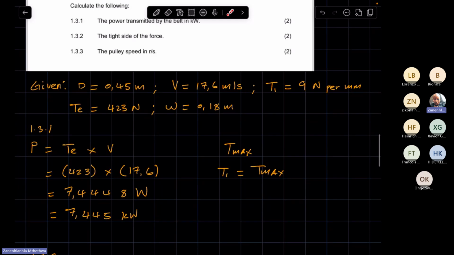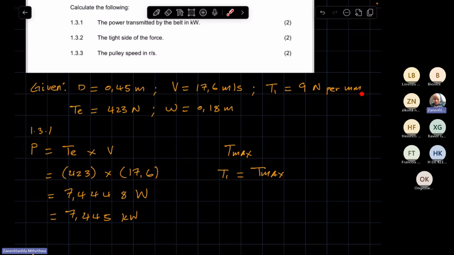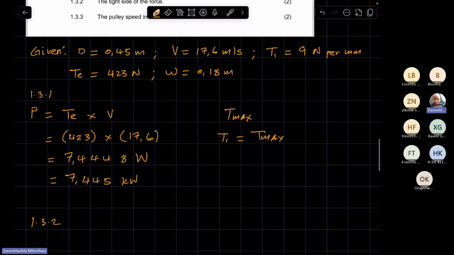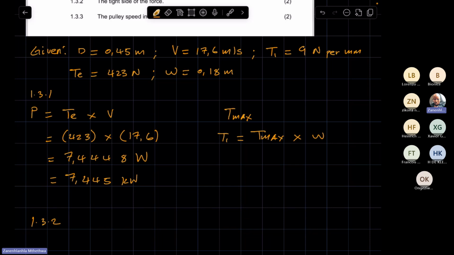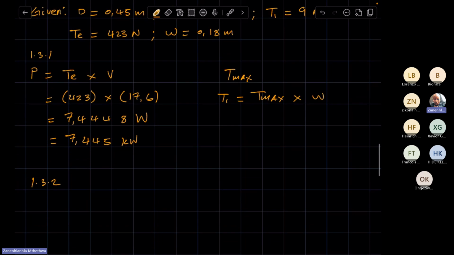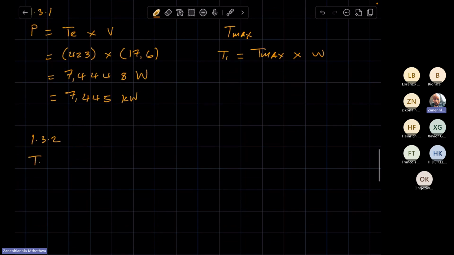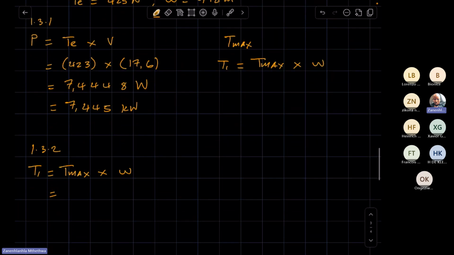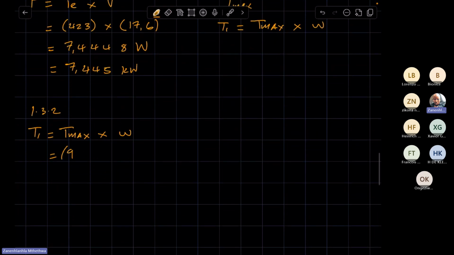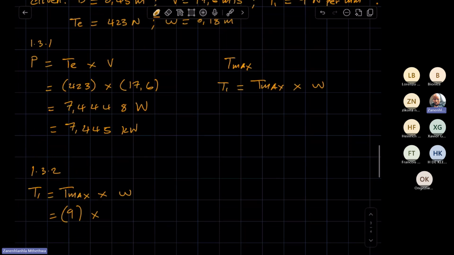And if Tmax has been expressed the way it has been here, then you have to multiply this by the width of the belt. So essentially, T1 will be the tension we've been given, Tmax, times the width of the belt. So this would be the 9 newtons, so the 9 times the width of the belt.